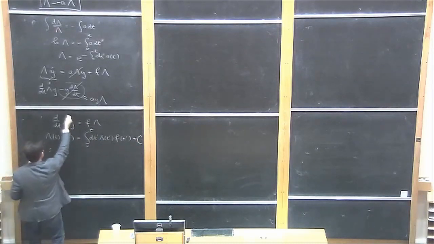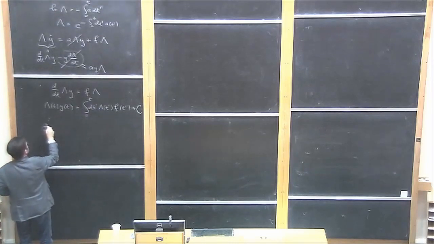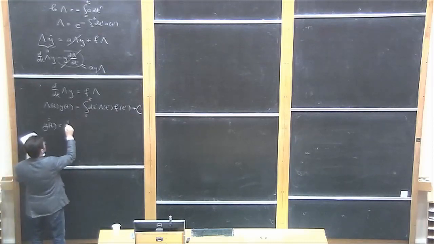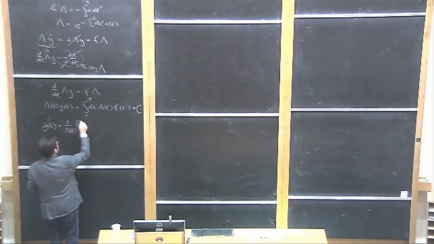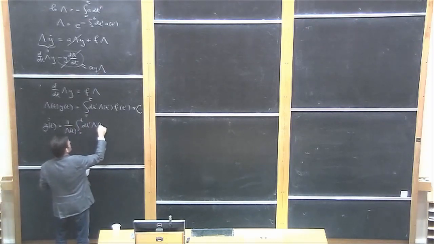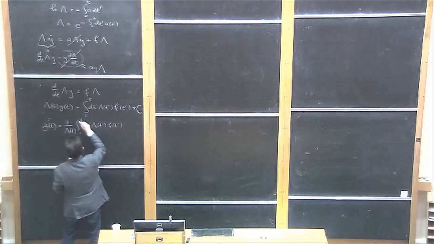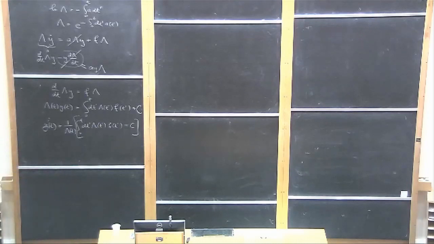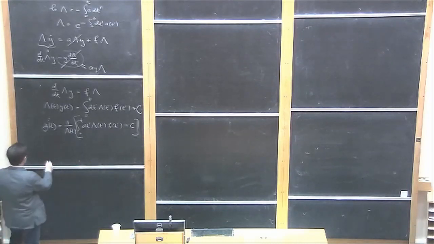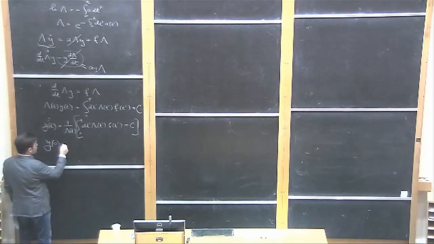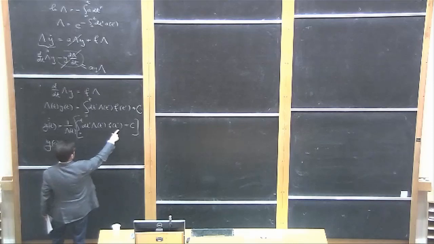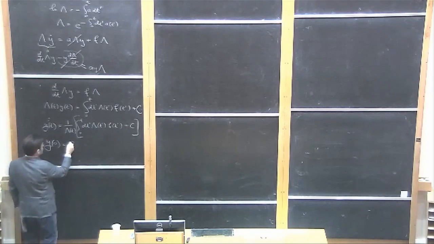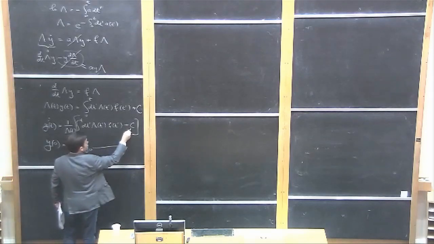Finally, the solution y of t is 1 over lambda of t times the integral from 0 to t of dt prime lambda of t prime f of t prime, plus a constant. Okay? And furthermore, if I want to solve Cauchy's problem, well, y of 0 is equal to what? Lambda of 0, the way I have chosen, is 1. So y of 0 is c. And that's y naught, and that's what goes into the constant.